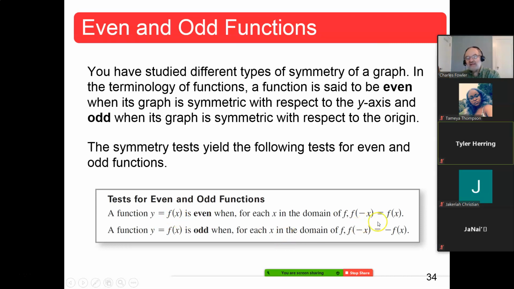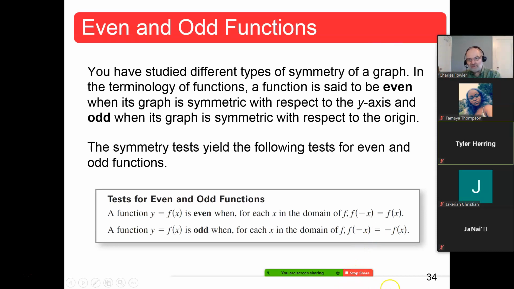If you get f of x, if you get that same value, that's an even function, because an even function is the same on the right as it is on the left. And what that means, if you go to the left and it goes up here, you go to the right and you go up here too, every time. That's an even function. It's symmetric about the y-axis.